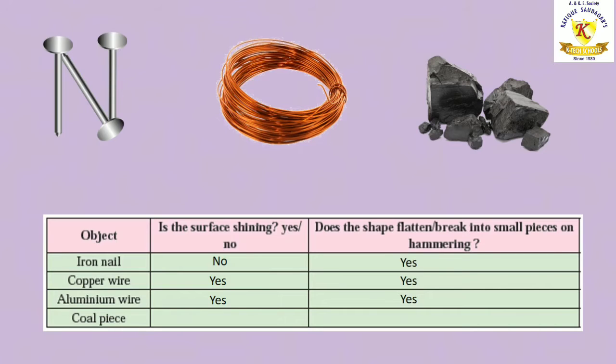No, it will not shine. And what will happen when we hammer it, will the shape change or not? Yes, the shape will change and it will break into smaller pieces. Yes, children, you are correct.